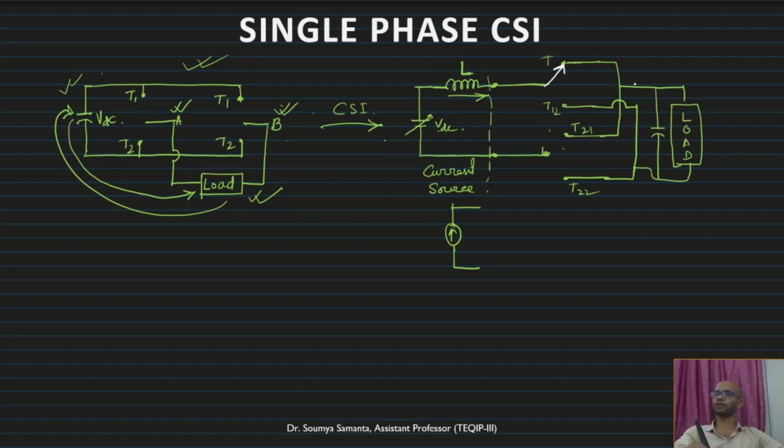Current will flow through this, then come here, pass through the load, and return through the load. After return, it will return through T12 and T21.